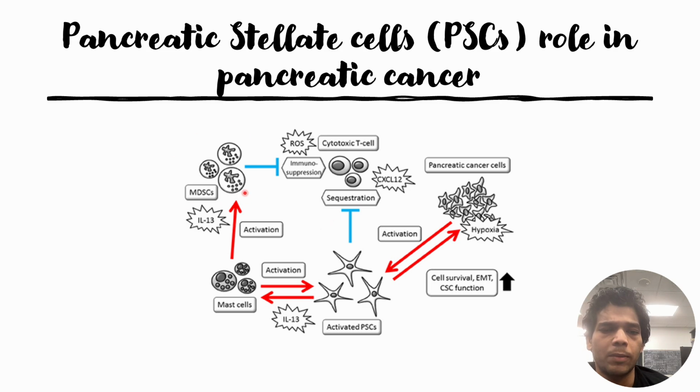The myeloid derived suppressor cells release reactive oxygen species, which we have discussed in the previous video, and this provides immunosuppression by suppressing or deactivating the cytotoxic T cells or the CD4 plus T cells.